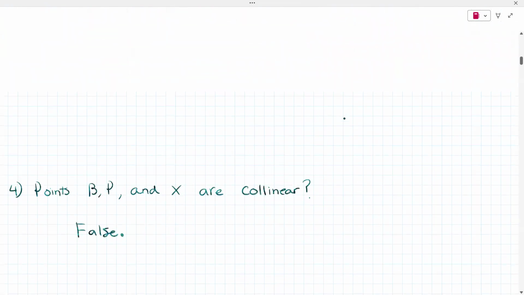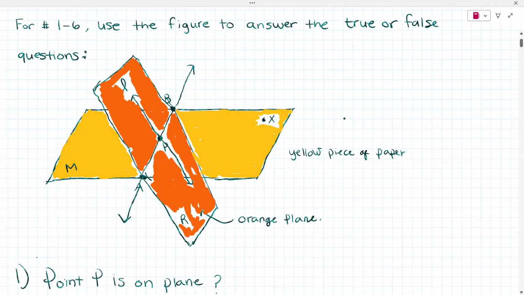So let's see. Here's where A, B, and X are. Yes, they are in. A, B, and X are in the same yellow piece of paper, plane M, right? So I'm going to say true.